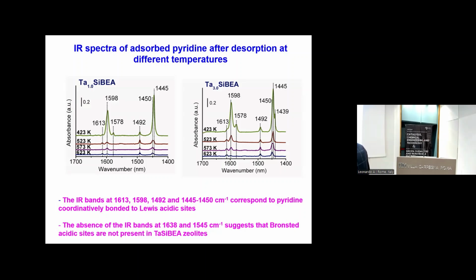Here we show infrared spectroscopy by adsorption of pyridine. We can see that in this case, we have no pyridinium ion bands. That means that there are no Brønsted acid sites in this zeolite. In contrast, there are Lewis acid sites because this band is related to them.